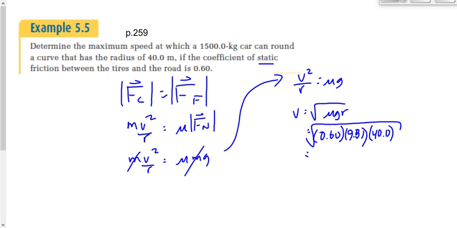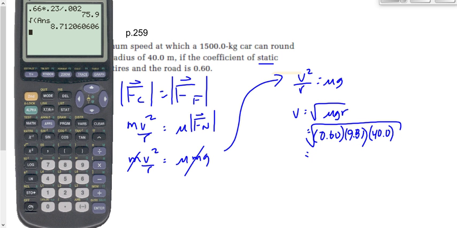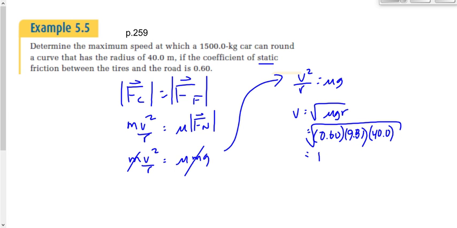Let's do the math on that one. 0.6 times 9.81 times 40 gives me 235. Square root that, and we end up getting 15.3. Should just be 15, actually, shouldn't it? 2 digits because of this.